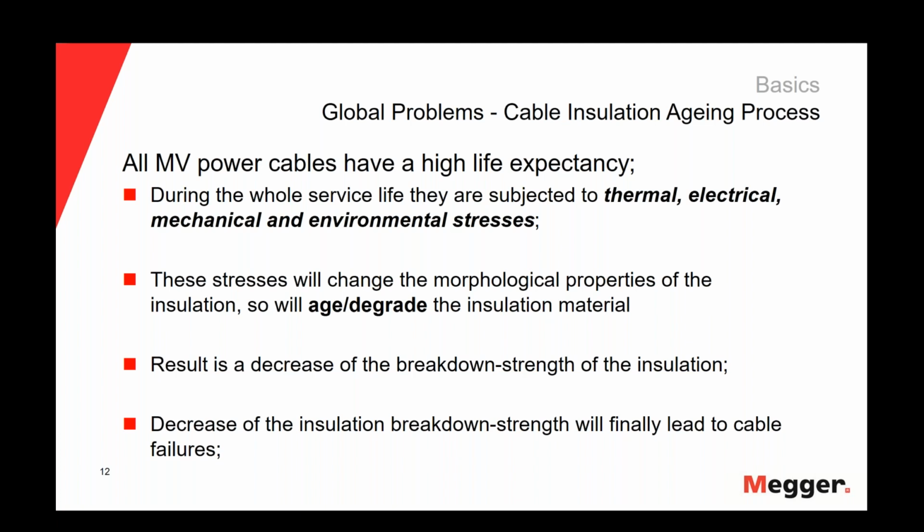In other words, these stresses will age and degrade the insulation material of my cable, and the result is a decrease of the breakdown strength of the insulation, and the decrease of the insulation breakdown strength will finally lead to cable failures.